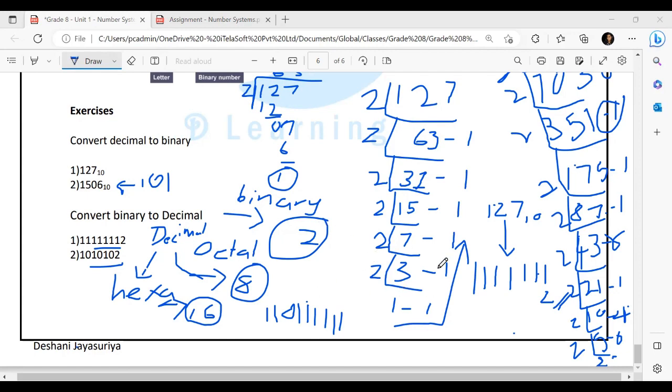I think the first one, teacher, that is a binary number, no teacher. Sorry. What you have given, teacher? Yeah, this is binary. You have to convert it. So teacher, they should only have 1 and 0, teacher.